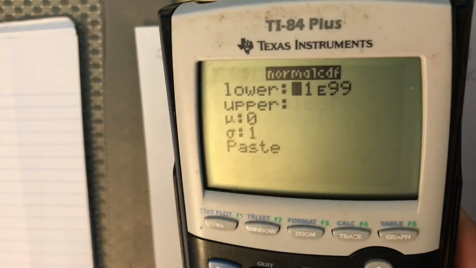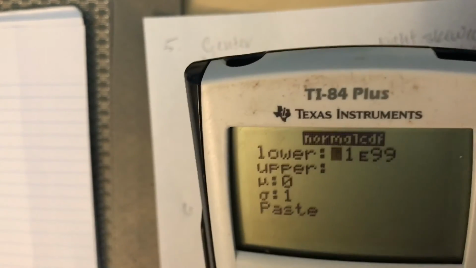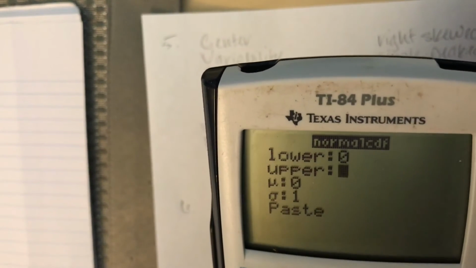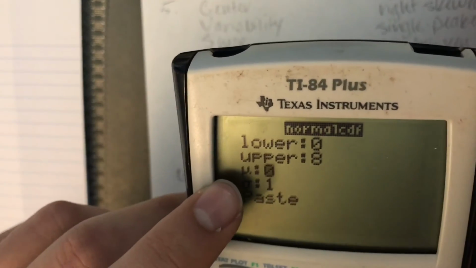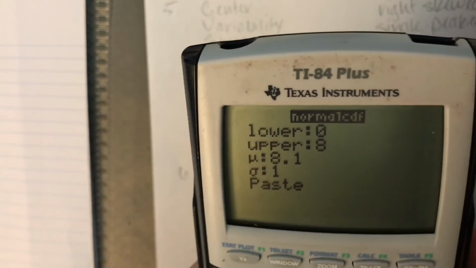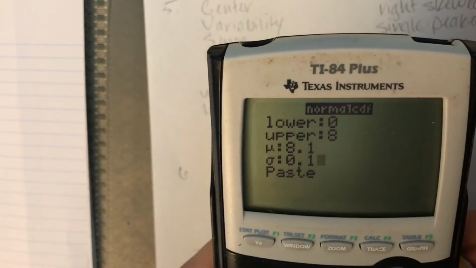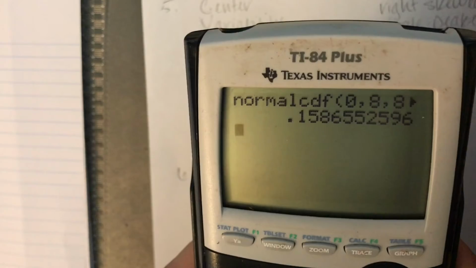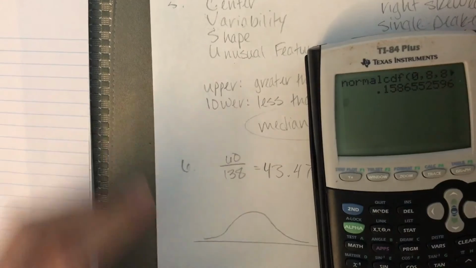Your lower bound for this one is going to be 0 because you're finding anything that's less than 8 ounces, so your upper is going to be 8. Then your mean is 8.1, which was given, and your standard deviation is 0.1. You put in all your variables, hit paste, and hit enter again, and that's your value.